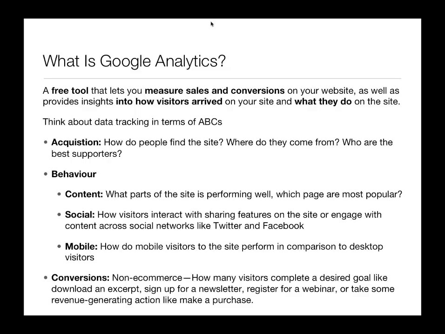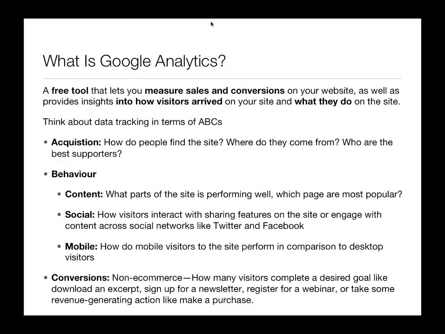If you have a share this function, so share via Twitter or share via Facebook, this is often on blog posts, those social reports provide some insights there. If you integrate your social media platforms with Google Analytics, it will help you understand what types of content people are liking and sharing that are driving visitors to your site.